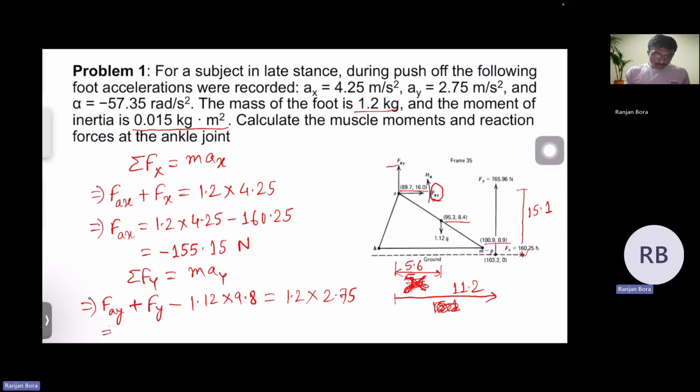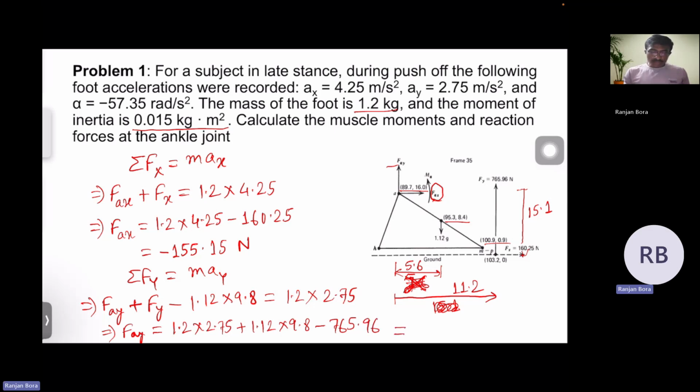So from this equation, Fay equal to 1.2 into 2.75 plus 1.12 into 9.8 minus Fy. Fy is 765.96.